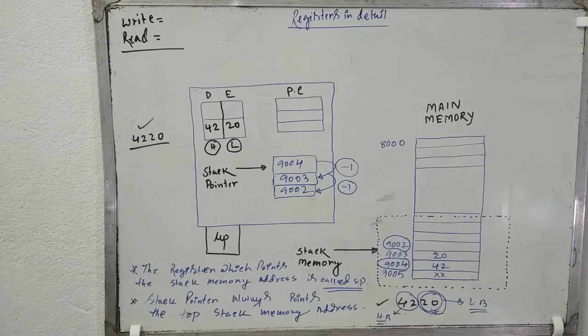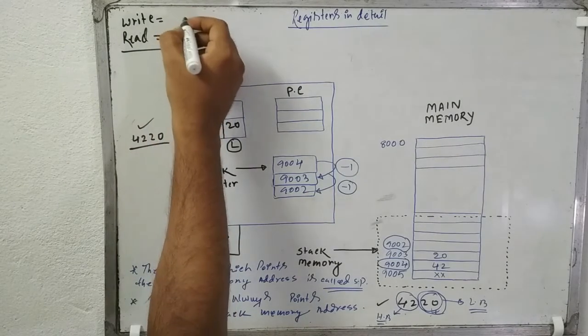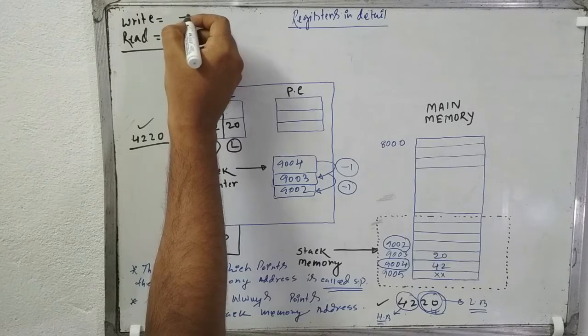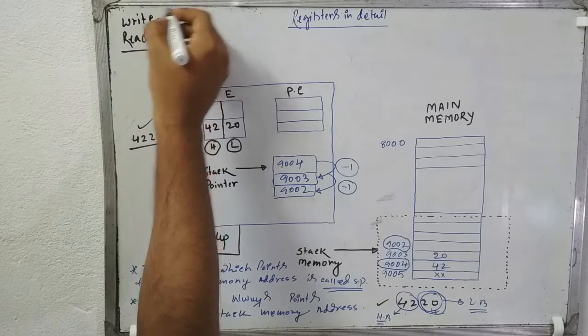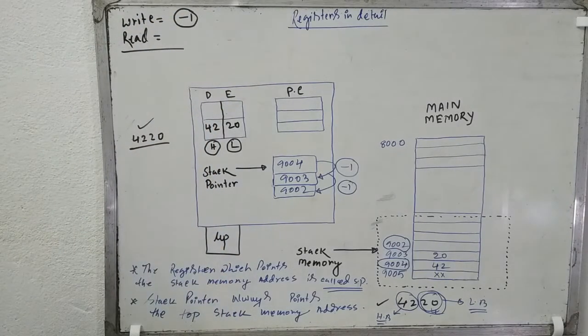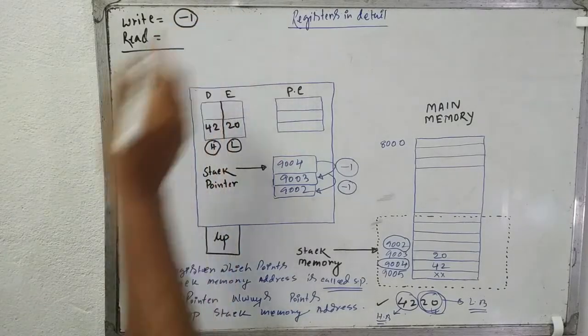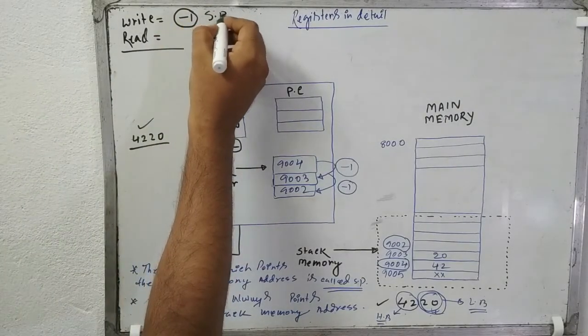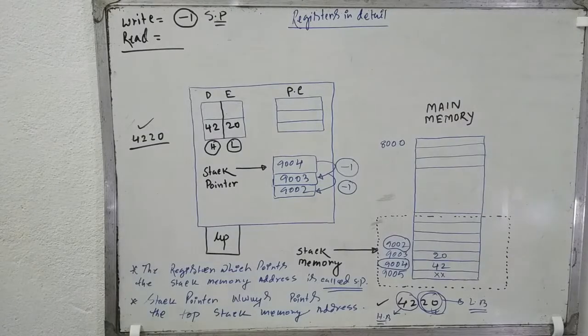Now if you want to do the read operation: the write operation is performed by decrementing the stack pointer address value by 1, and the read operation is the opposite one.